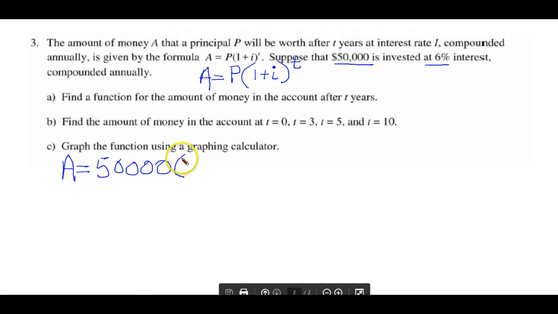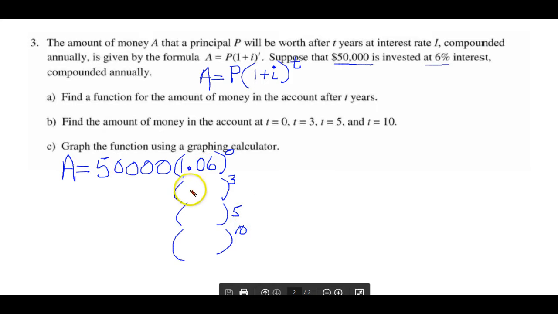Times 1 plus the interest rate of 0.06. So actually I can just change that. Add these two together since we know what it is already. 0.06 first to the 0 power, then to the 3rd power, then to the 5th power, and then to the 10th power.